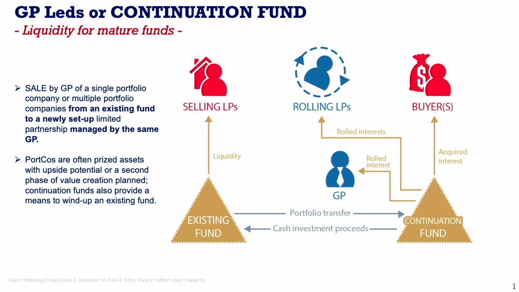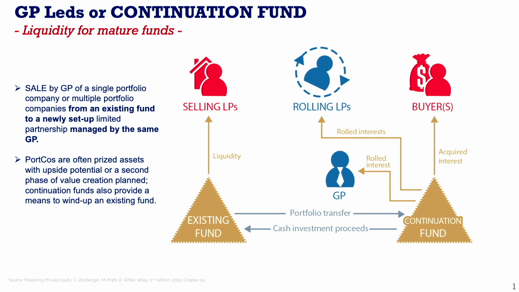So this structure can happen for a single portfolio company or for multiple portfolio companies, where we basically transition it from an existing fund to a newly set up limited partnership. One important comment here is that both of those funds will be ultimately managed by the same GP.